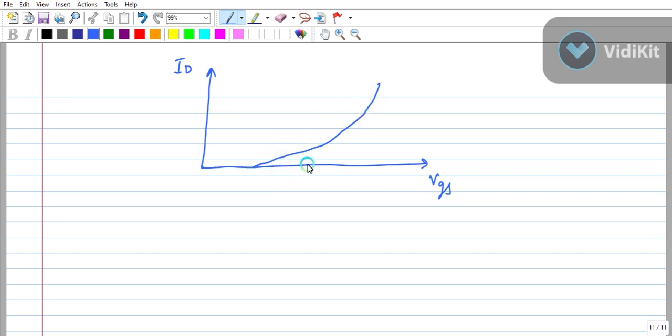Okay, so V1 is somewhat like this, and this is V2.